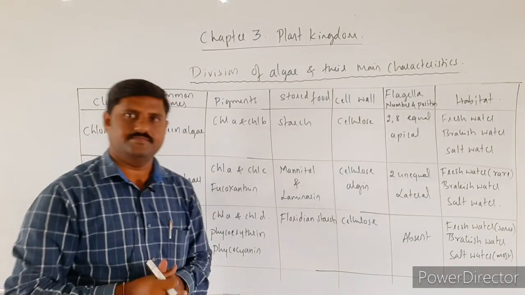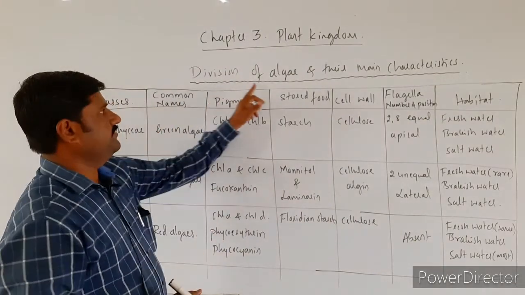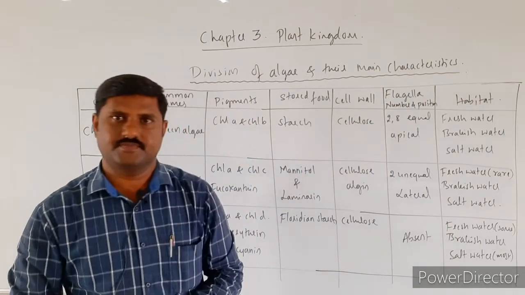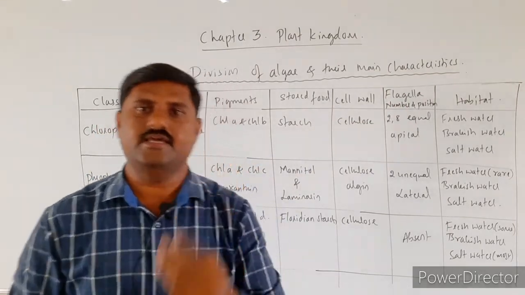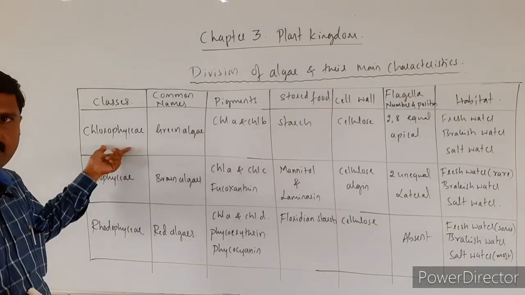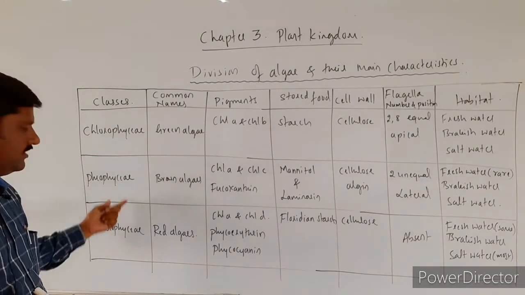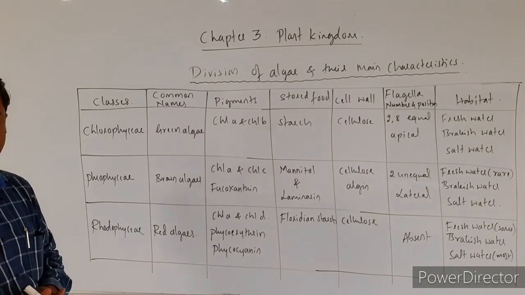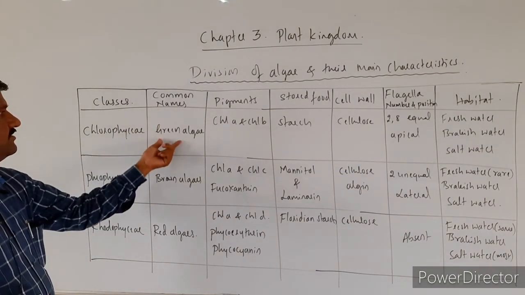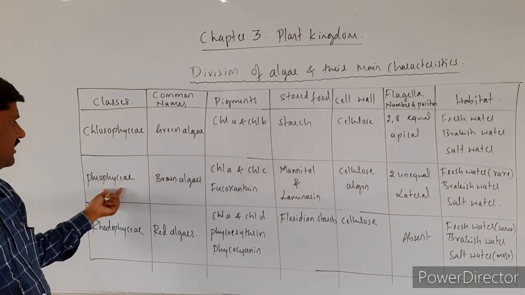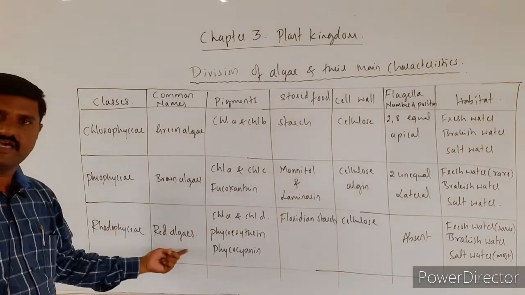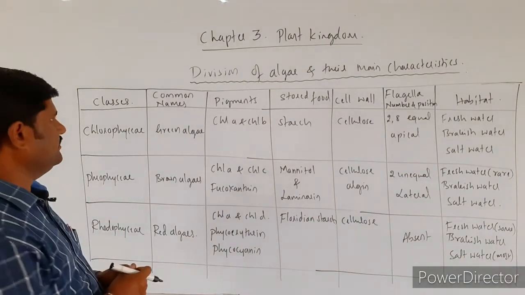Here is the table: division of algae and their main characteristic features. These are commonly known as green algae, brown algae, and rhodophyceae are commonly known as red algae.